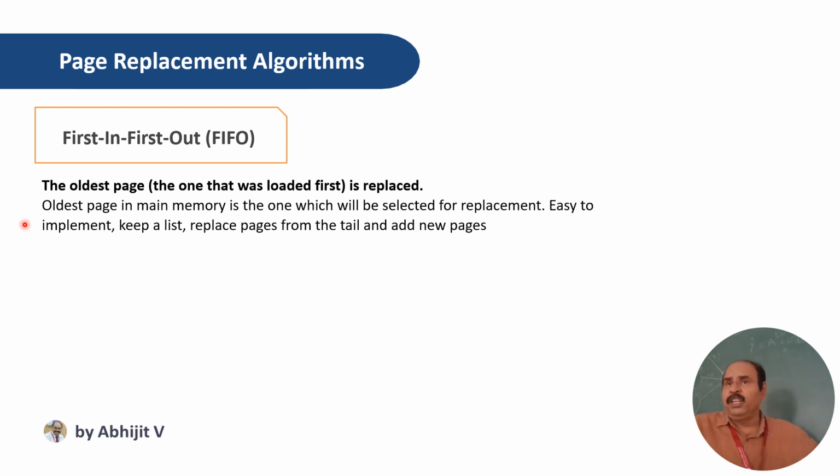Easy to implement, very easy procedure. And we keep a list of all the pages that we need to replace. The first algorithm that we are studying on page replacement is first in, first out.